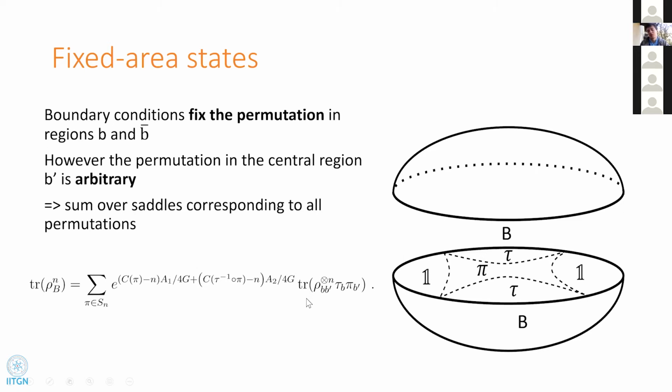Okay, so it's just a trace of n copies of the bulk state times some permutation operator acting on the bulk regions little b, this region here, and little b prime, which is the center region.